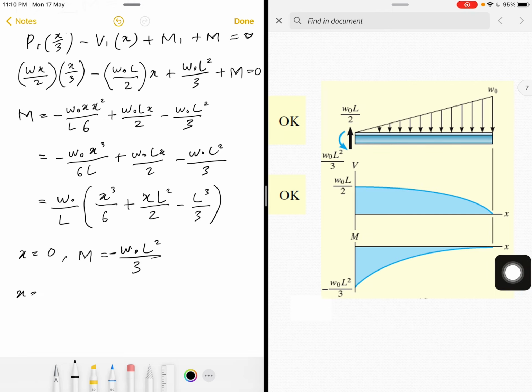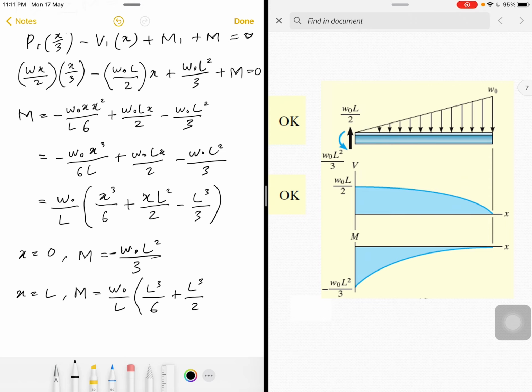So what happens if X is equal to L? It will be equal to 0? So let's try. Equal to L. So L power of 3 over 6 plus L power of 3 over 2 minus L power of 3 over 3.